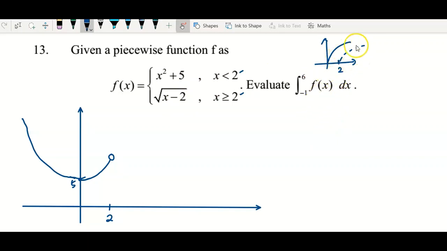So we just take this shape and put it into our graph. Our shape is more or less like this. And because this includes the equal sign, I will put a filled circle to represent that it includes the 2. Alright, this is the x-axis, y-axis. So both graphs form the y equals f(x).